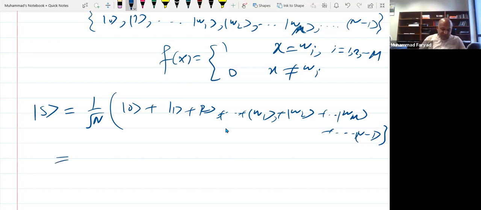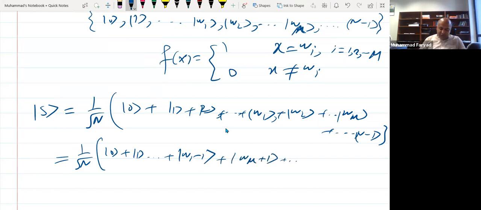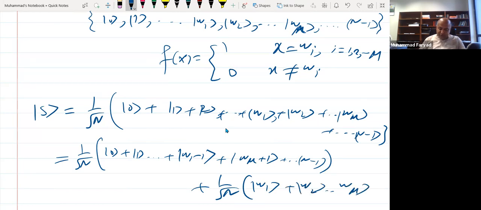In the same fashion, I can separate the states that are not solutions, up to W1 minus 1 and W mu plus 1 all the way to n minus 1, into a separate vector, and the states that are solutions into another separate vector.